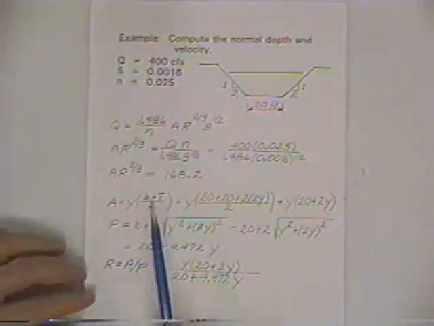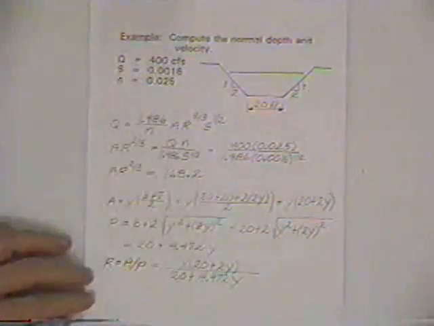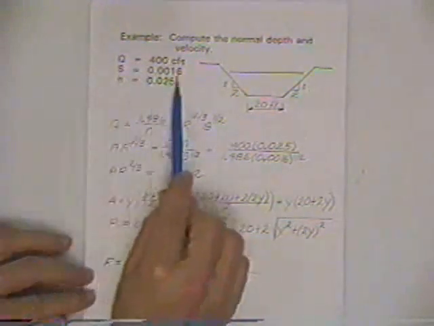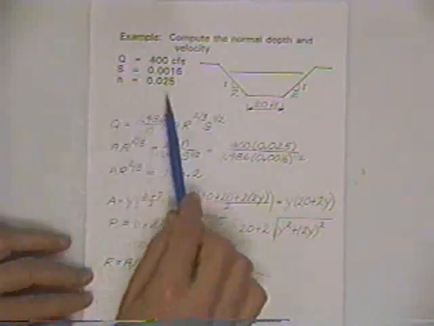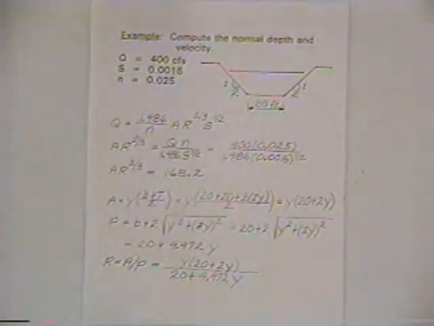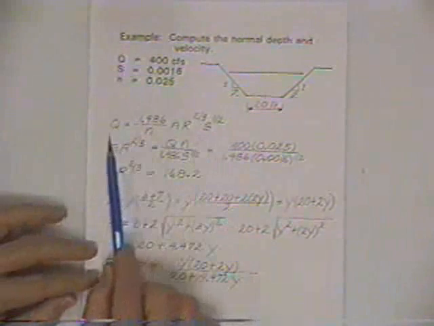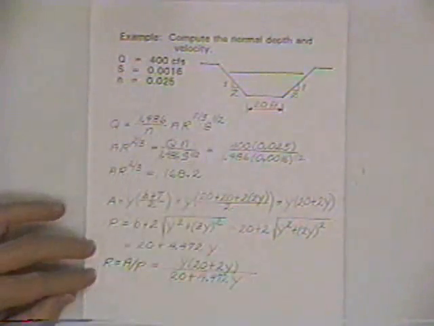And so in this problem we're given that the discharge is 400 cubic feet per second, the longitudinal bottom slope is 0.0016, and the roughness coefficient is 0.025. And so we've got those numbers to plug into the Manning's equation. And so we reproduce the Manning's equation, except we're trying to compute depth.